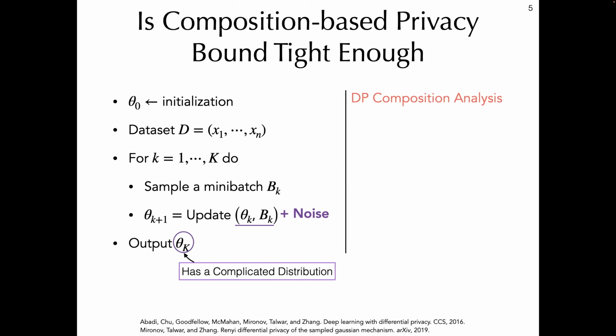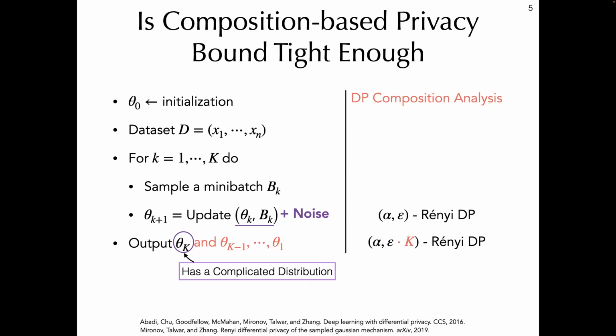Composition, therefore, studies a slightly different problem where the adversary is not only able to observe the final model, but also all the intermediate models after each iteration. So we can bound the privacy cost for each update and then sum them together to bound the total privacy cost.